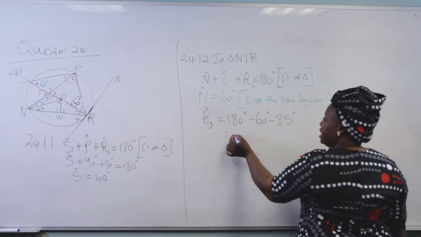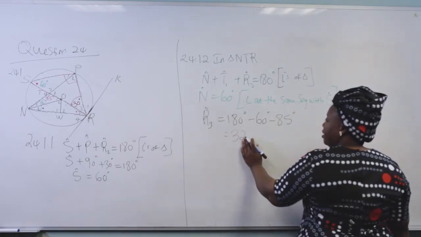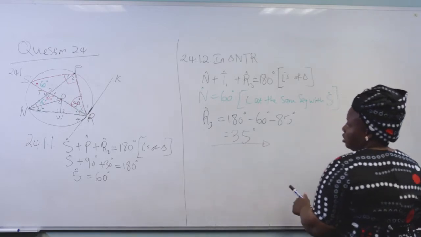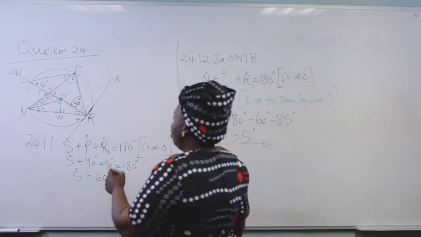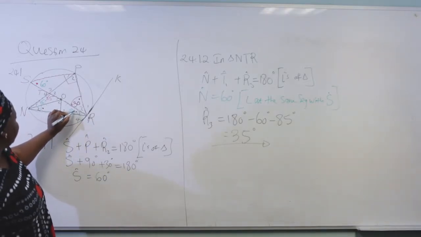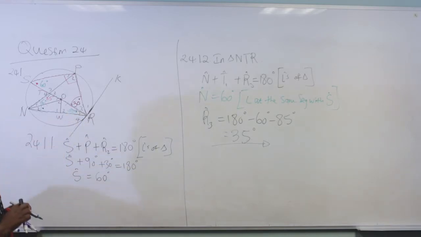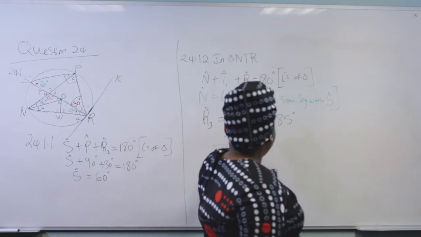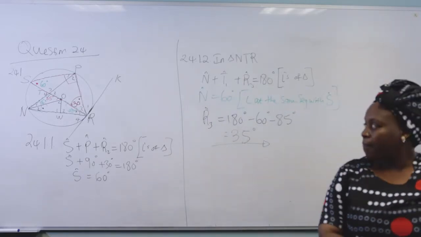So it means that R3 equals 35 degrees. And we have answered that question. Anyhow, we can use other methods to find it, as I said. So this is 35 degrees, according to the angles that we have found in the triangle.